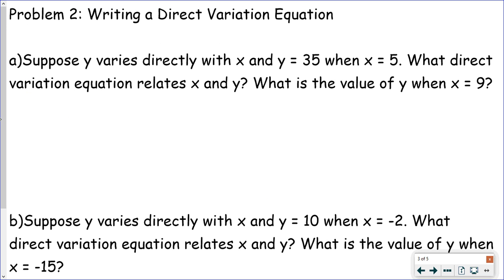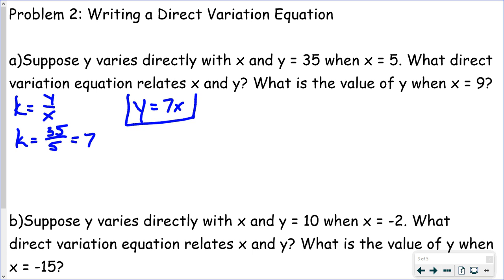We say k equals y over x, and in this case, y equals 35 when x equals 5. That simplifies to 7. So our equation is simply y equals 7x. That's our direct variation. Easy.